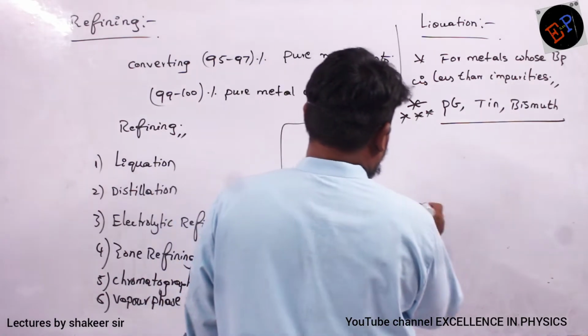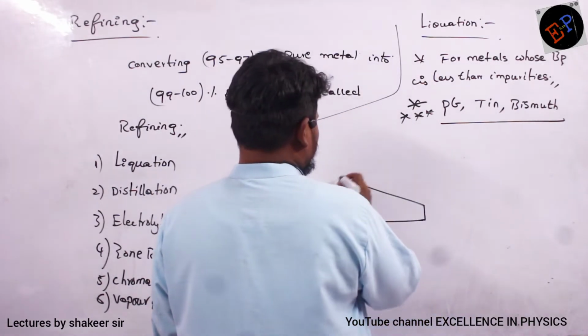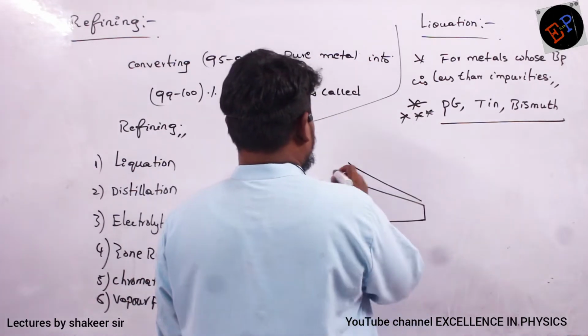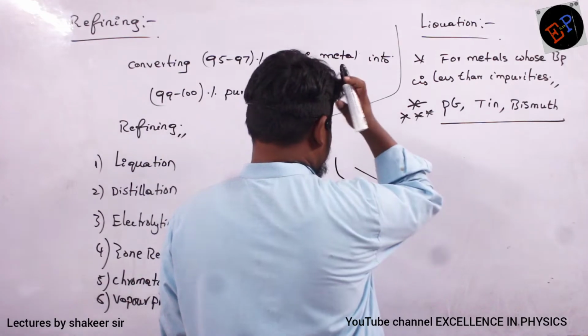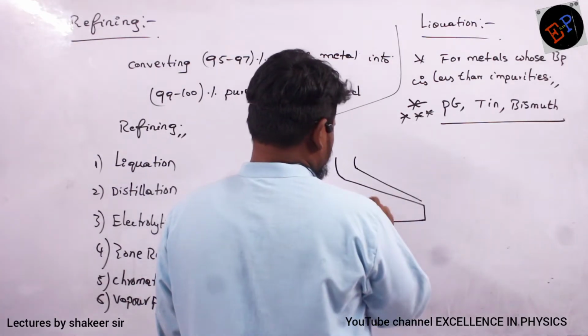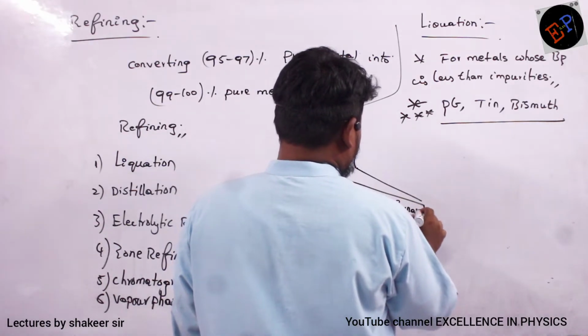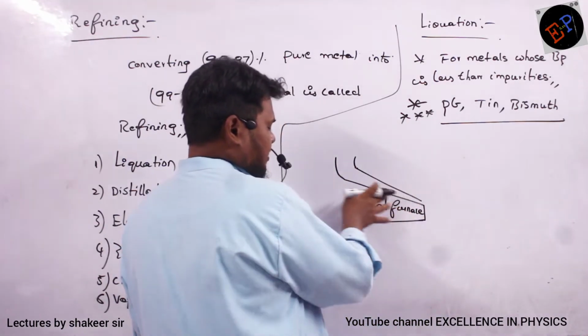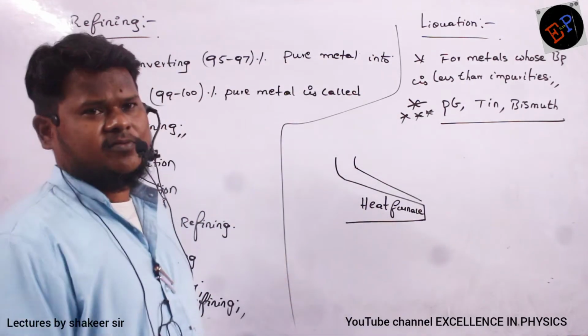See here. So this is a heat furnace, and it is arranged at a certain angle here. So this heat furnace will supply a very huge amount of heat energy.